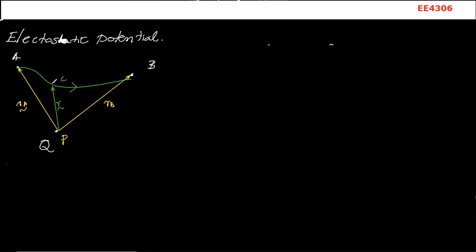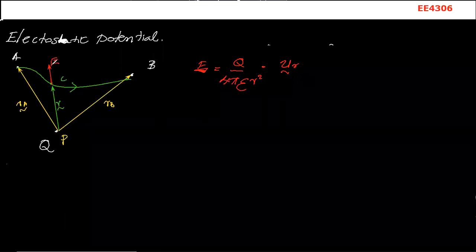Then the electric field at this point, you can write down E equals Q divided by 4 pi epsilon R squared into UR. UR represents the unit vector along this electric field intensity, with respect to this R vector.